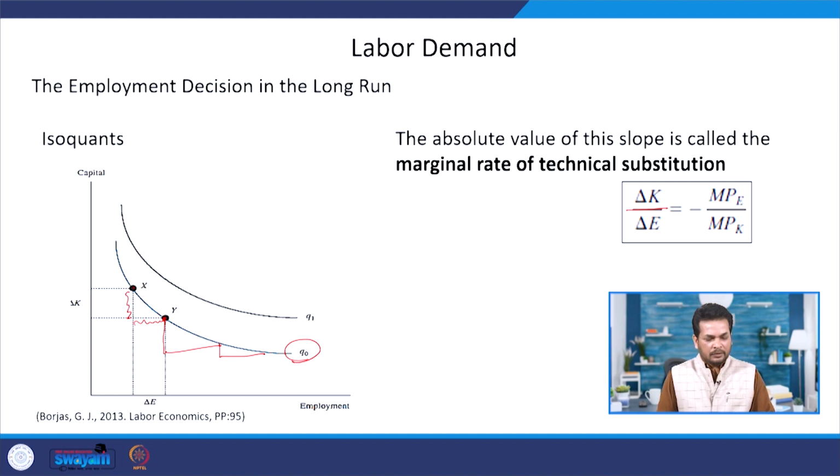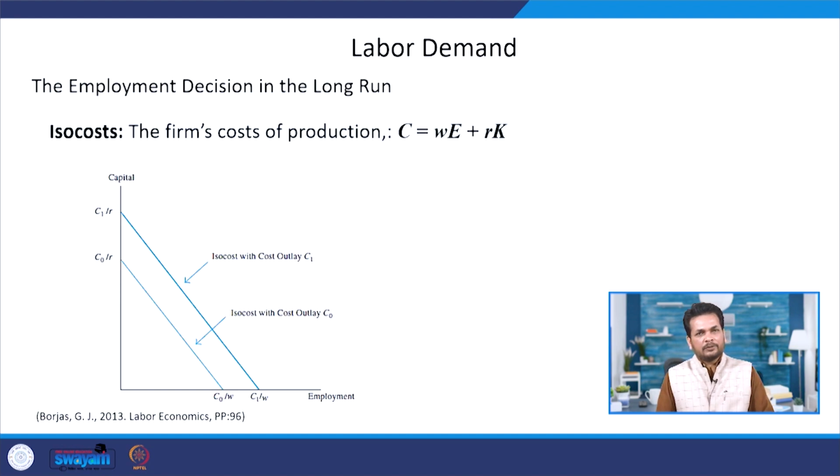Now, the firm can produce different levels of output by employing different levels of factor inputs. In order to produce, the firm has to bear certain costs. So, the firm is going to employ labor and capital to produce a fixed level of output. The total cost for the firm is the cost of labor plus the cost of capital.